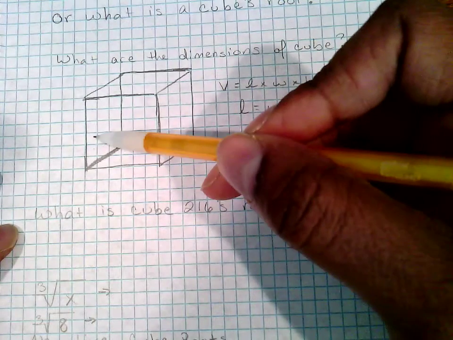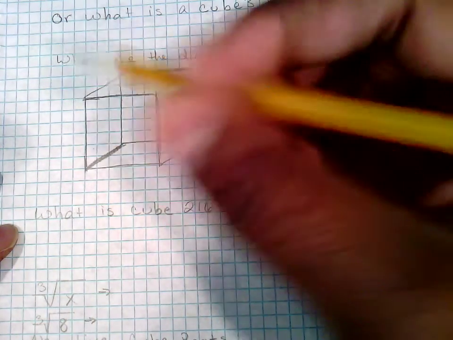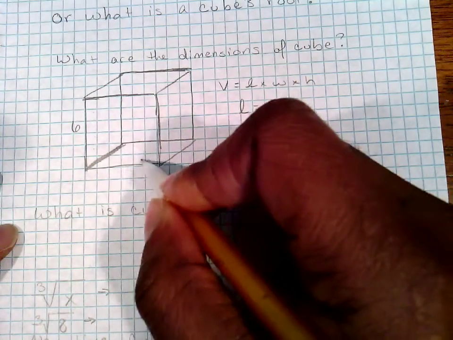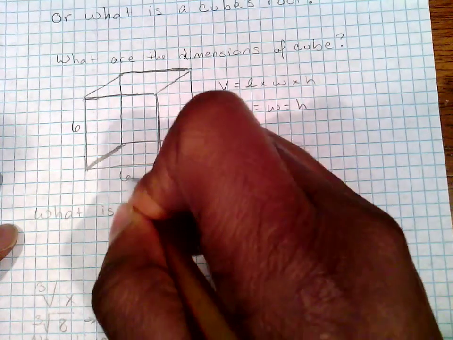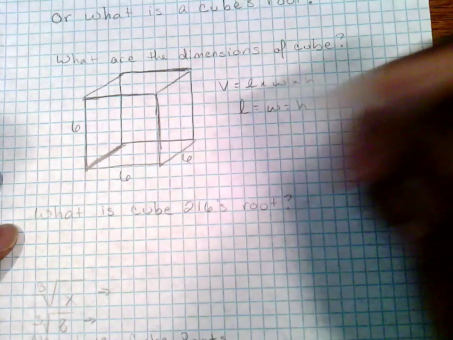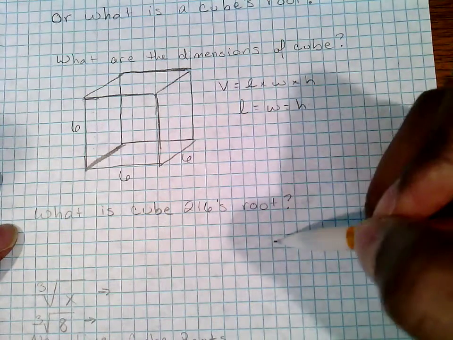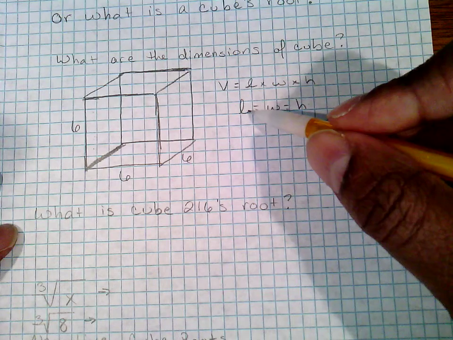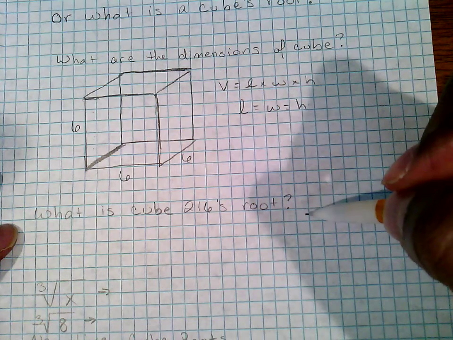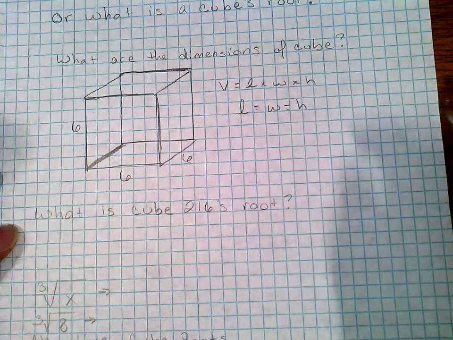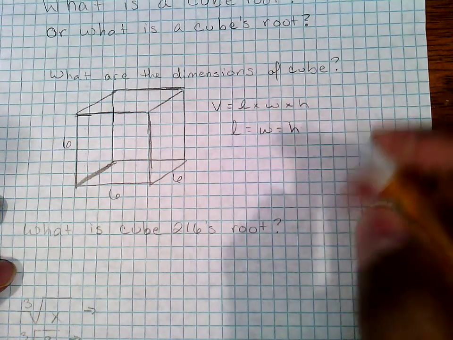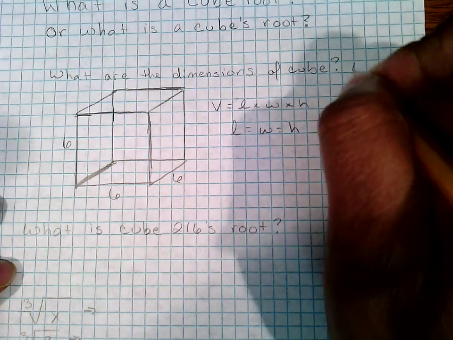It'd be 1, 2, 3, 4, 5, 6 high, and 1, 2, 3, 4, 5, 6 long, and this will also be 6 in width. Now we have the length, width, and height all equal. And so the dimensions of the cube is 6.